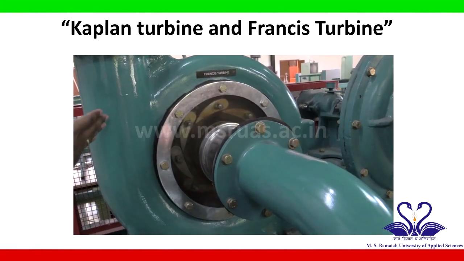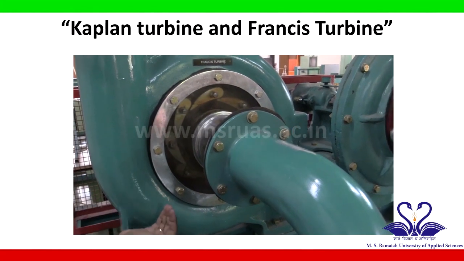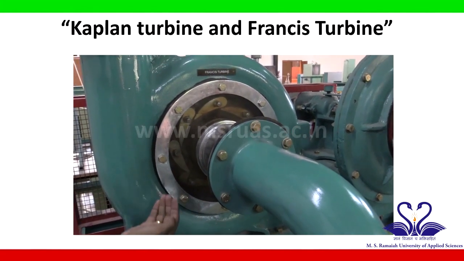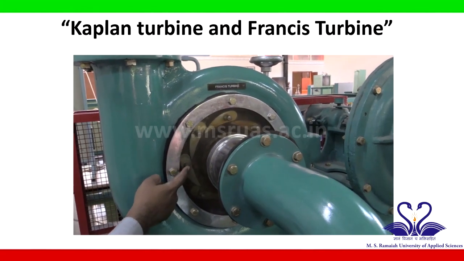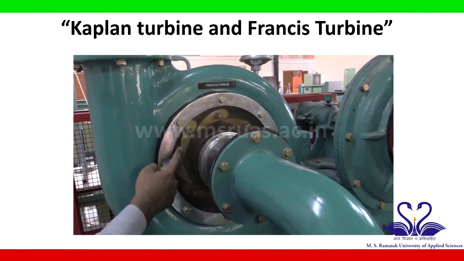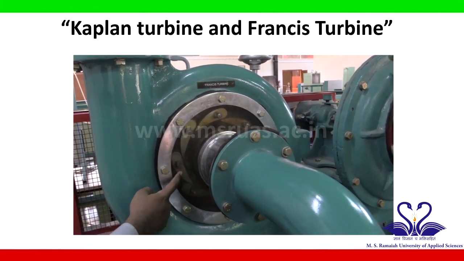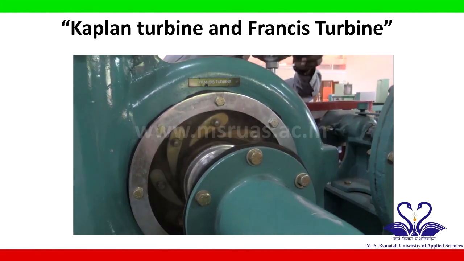The water enters the Francis turbine radially in all the directions, and once it enters, we can see there are guide vanes present at the entry of the turbine. These guide vanes can be either opened completely or closed.